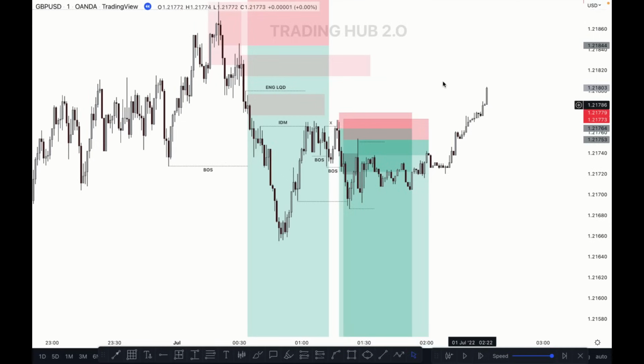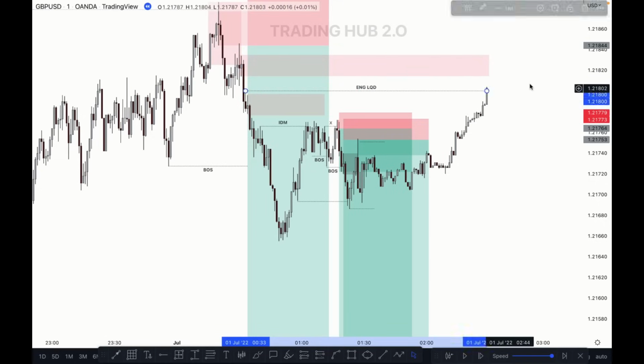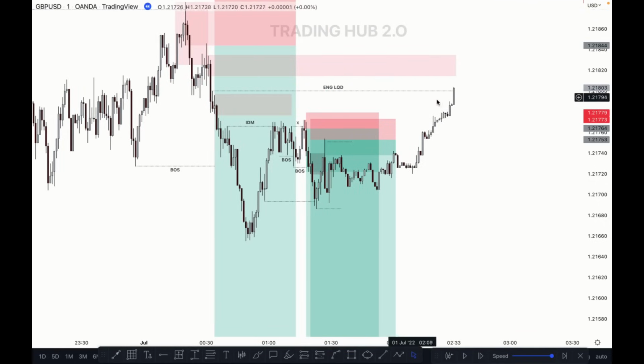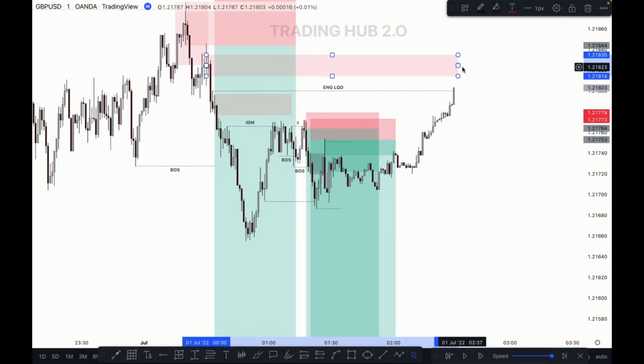Okay, so our next criteria for the sell is here, after taking out this engineering liquidity. Okay, market has already taken out this engineering liquidity, but there is no guarantee it will mitigate this order block.